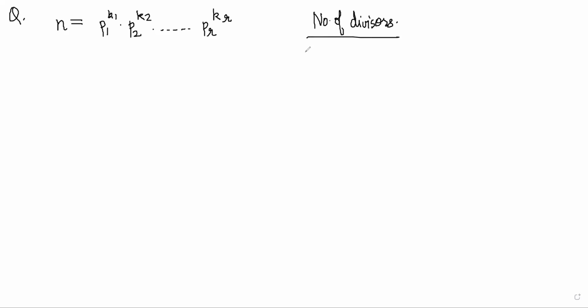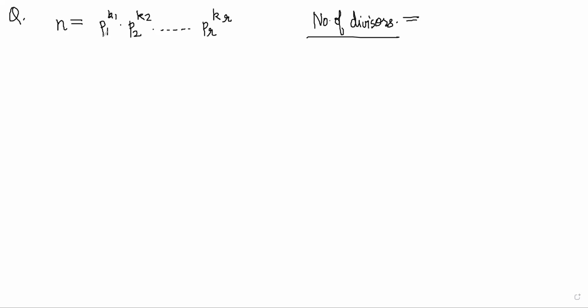Basically, if there is a number n written in terms of primes like this, p1 to the power k1, p2 to the power k2, and so on, pr to the power kr, where p1, p2 till pr are distinct prime numbers, and k1, k2, kr are positive integers, how many positive divisors are there? Number of divisors is fairly simple.